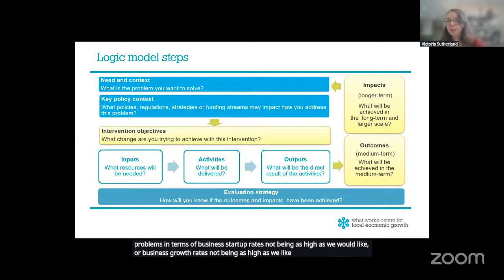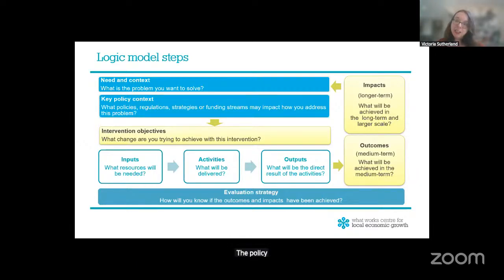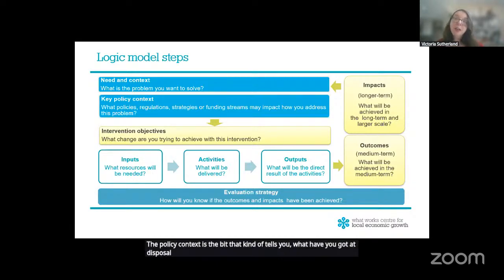We're often struggling with infrastructure. So do we have the right infrastructure in order to enable growth? So the policy context is the bit that tells you, what have you got at your disposal to address this issue in the current time, okay?